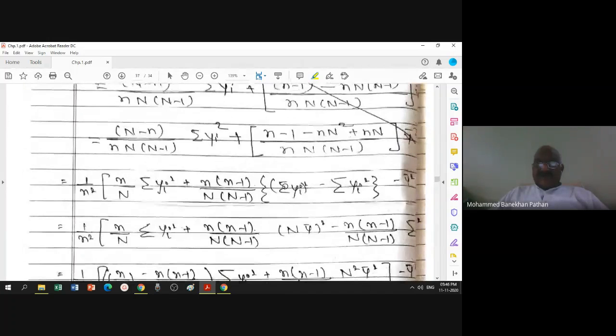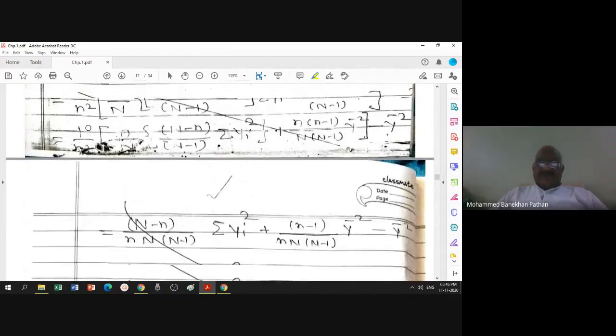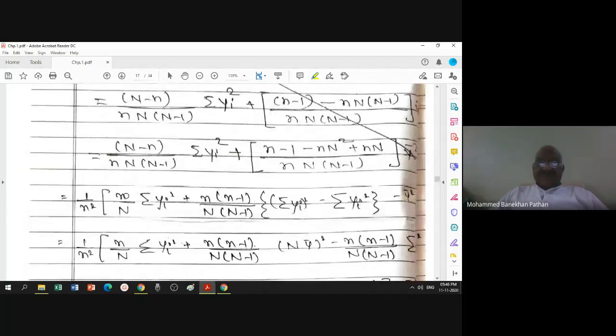Everything will be simplified. You drop this 1 upon N square from here, n upon N square sum of y square plus n into n minus 1, N times N minus 1, sum of y whole square minus sum of squares minus y bar square.